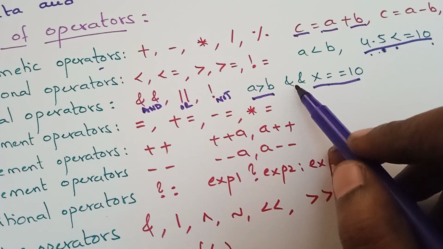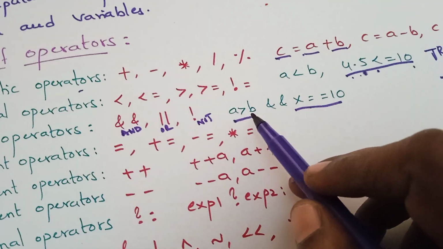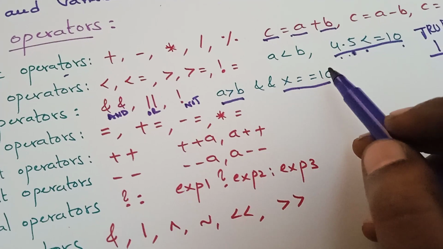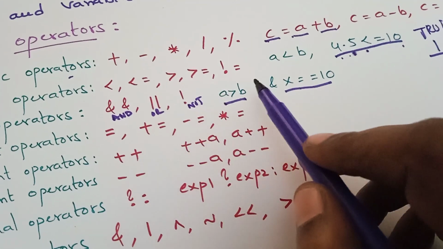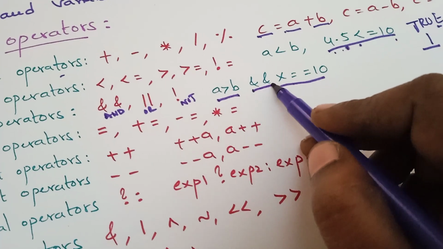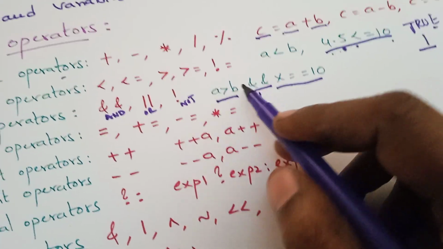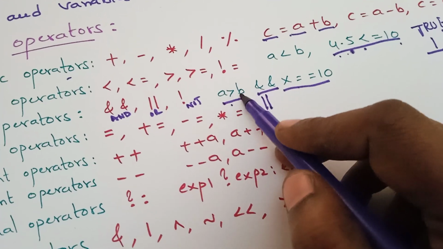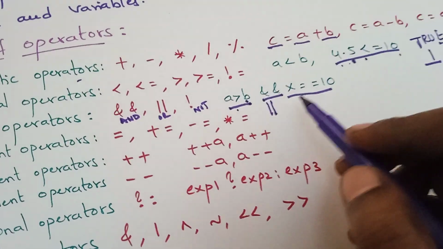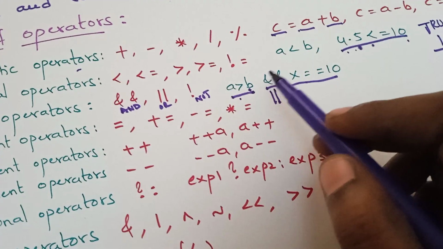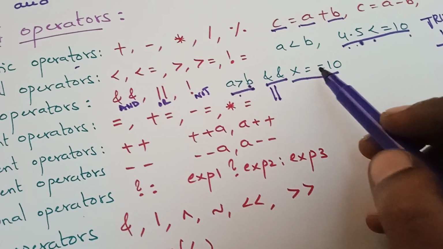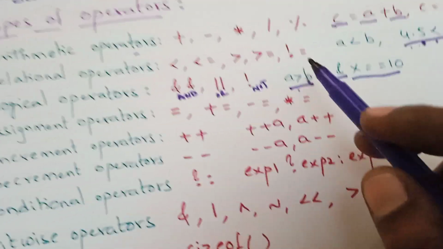A greater than B should be true and x double equal to 10 should also be true. OR means either or. If I'm using logical OR instead of logical AND, A greater than B can be true or x double equal to 10 can be true. Right? NOT is used in the sense that neither this is true nor this is true.